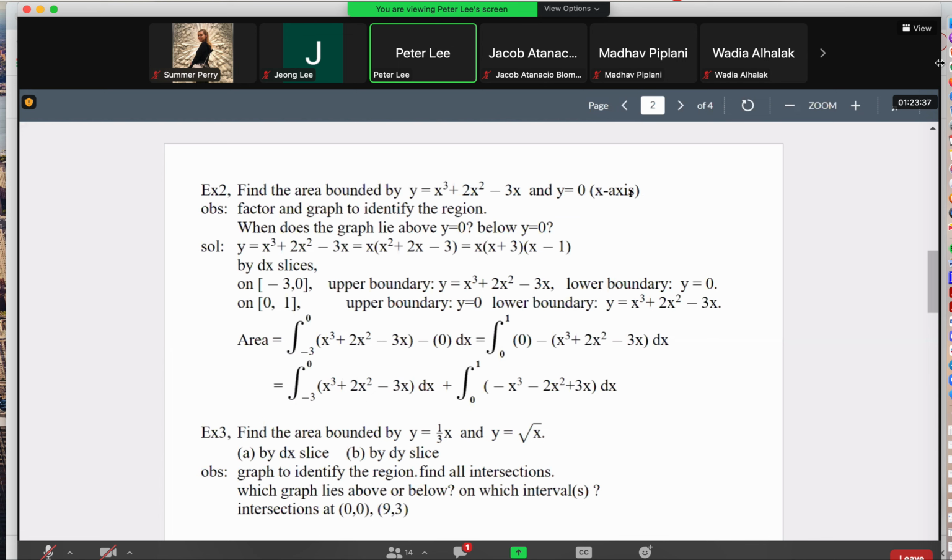So let me write this down. OBS is the observation step. This is a step for information and understanding the problem.